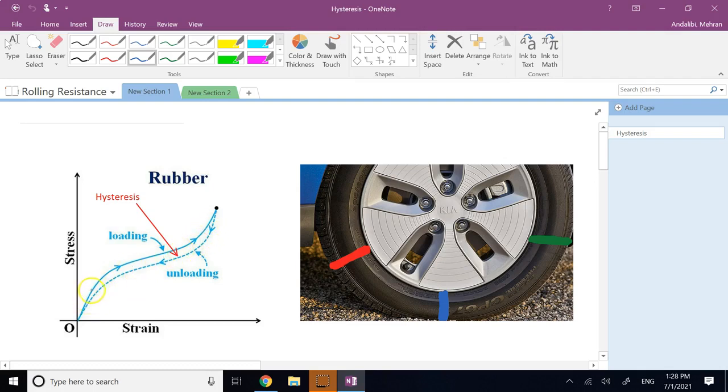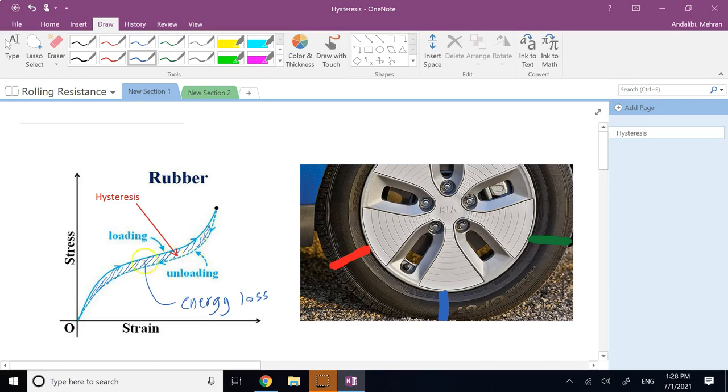So this phenomenon, that the loading and unloading curves are different and there is an area between them, we call hysteresis. And this area corresponds to the energy loss. And by loss, I mean converting it into other forms of energy like sound and heat that you cannot easily get back into original kinetic energy due to increase in entropy.